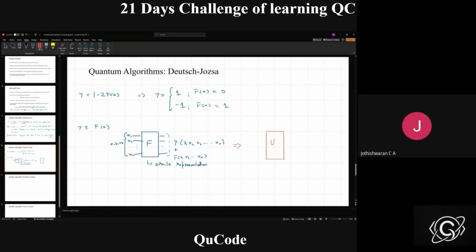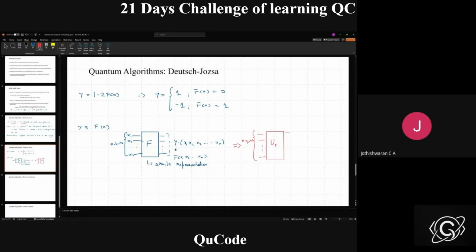So now I will define the object UF, which will again take n inputs, but this time it's going to take n qubits, and the output is again going to be the same as this.